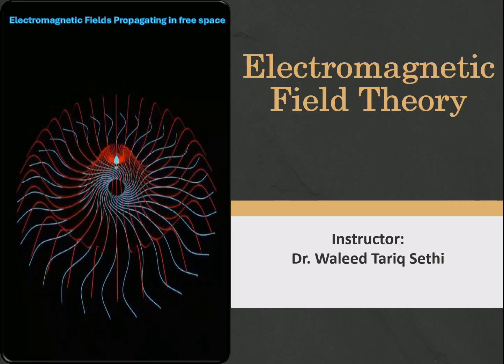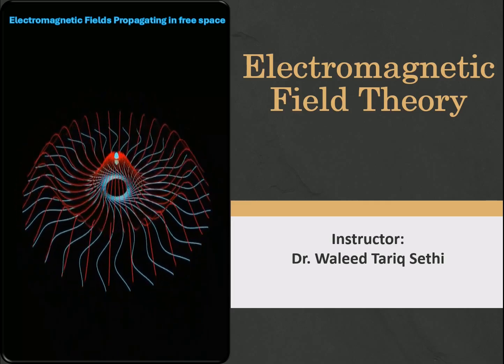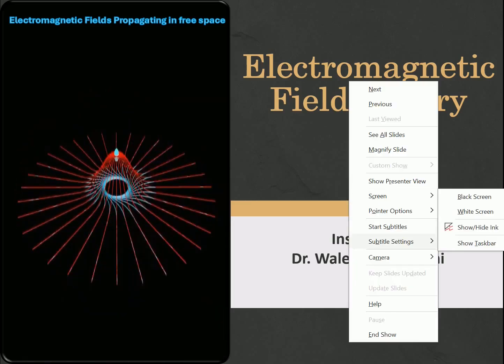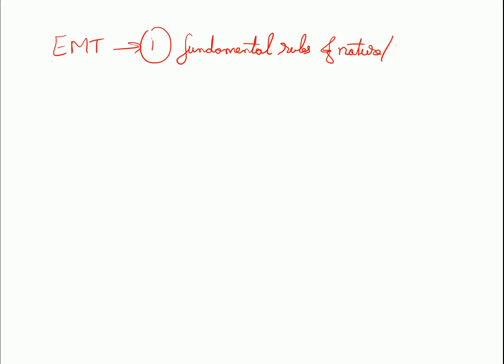So the question is, what are we going to learn, or what is the outcome if we learn this course? Once you have learned this course, you have different tracks to follow. The first purpose of learning this course, EMT, is first and foremost to understand the fundamental rules of nature, or you can say we can understand how the universe communicates with us.